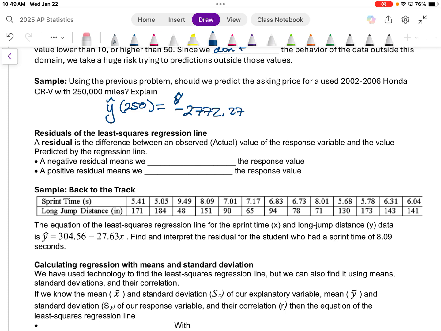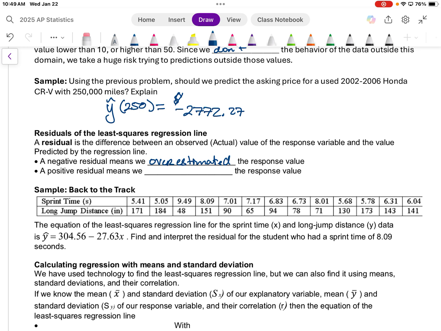Now, a residual of the least squares regression line is the difference between the observed and the predicted. A negative residual means we've overestimated, which means that the actual value is below the prediction line. Okay?